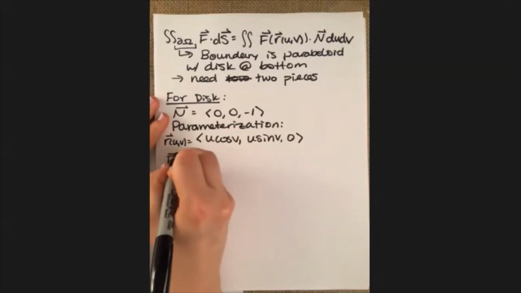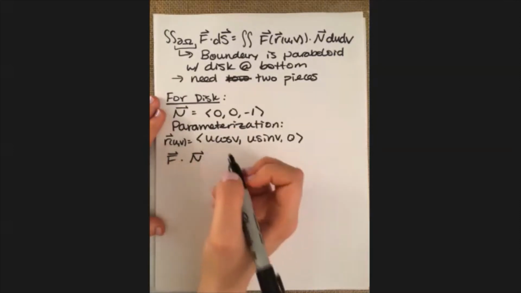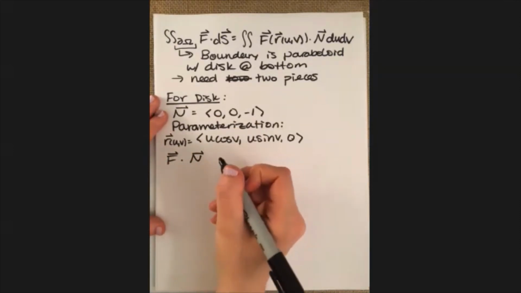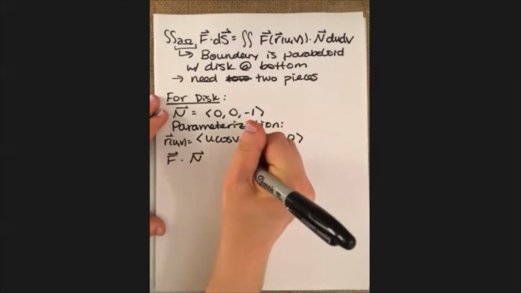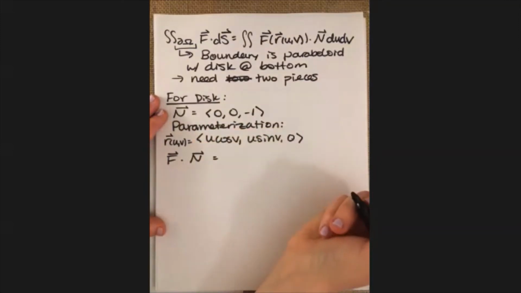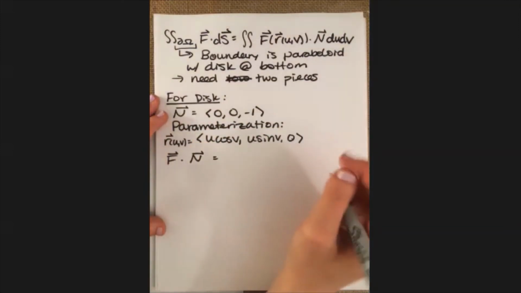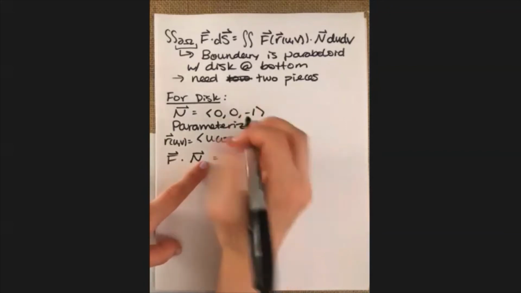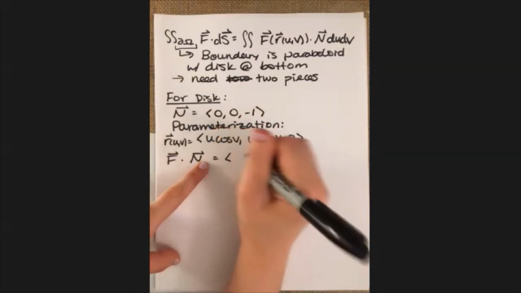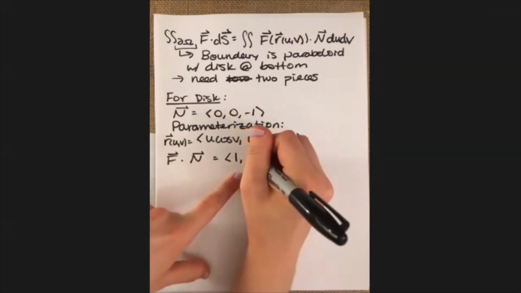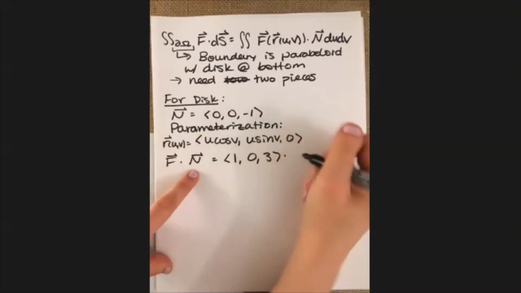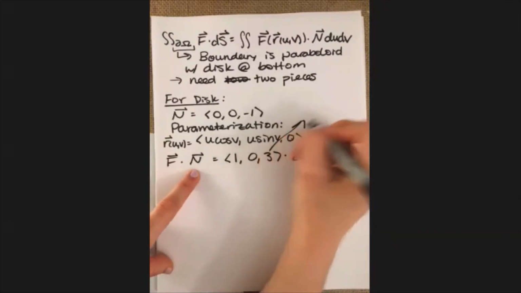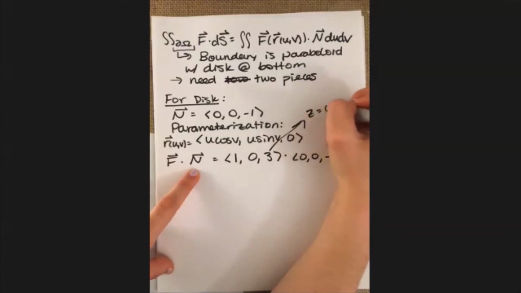If I take F dotted with n, we're going to get (1, 0, 3) dotted with (0, 0, -1). The 0 in the middle arises because z is equal to 0.